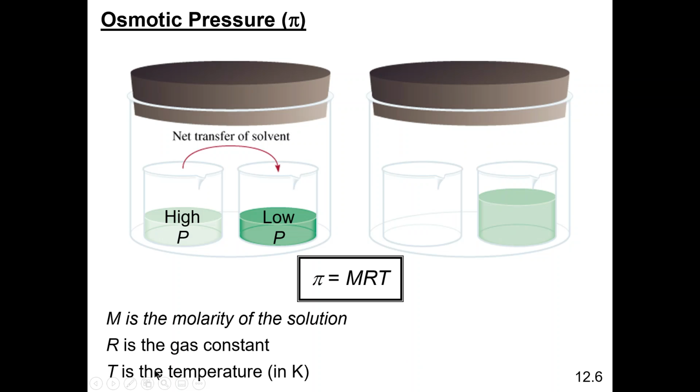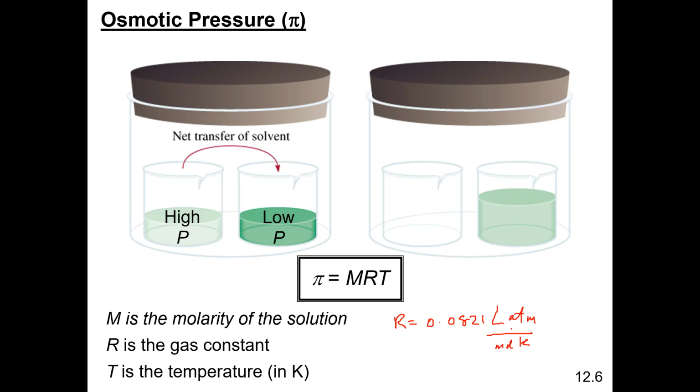As far as R is concerned, it depends on the units that you're dealing with. In this particular case, however, I would say that R is equal to 0.0821 liters atmospheres over mole Kelvin.